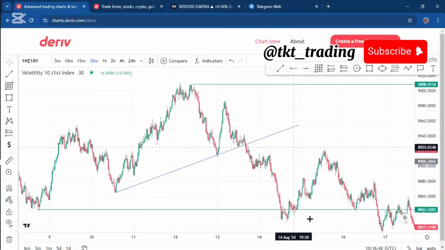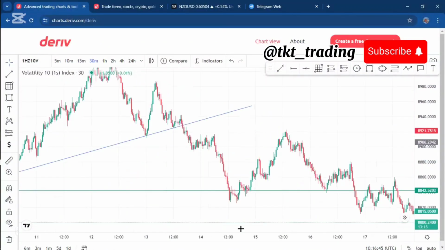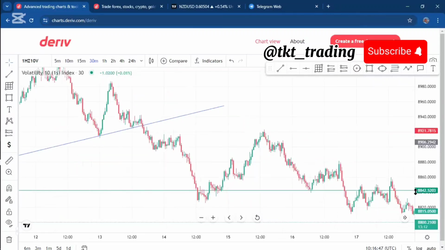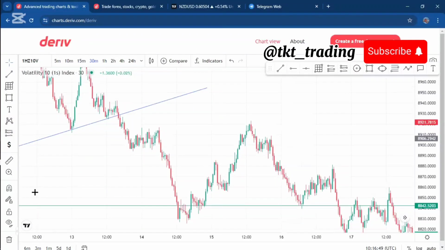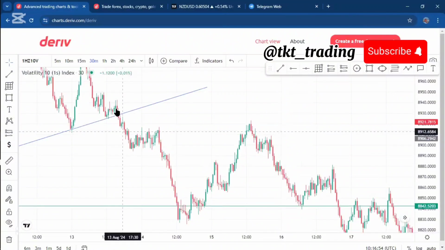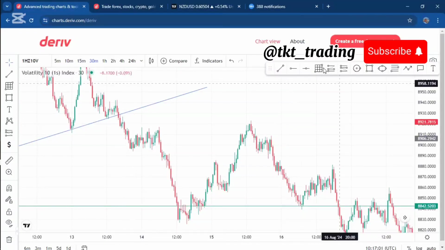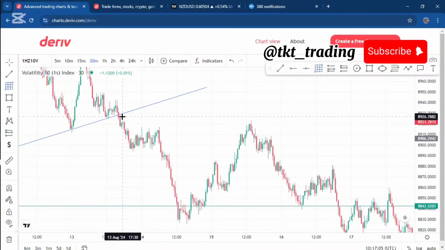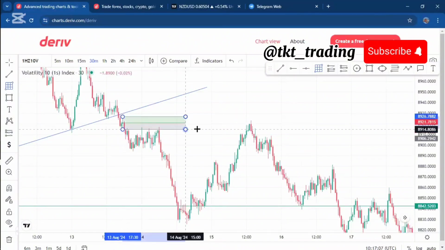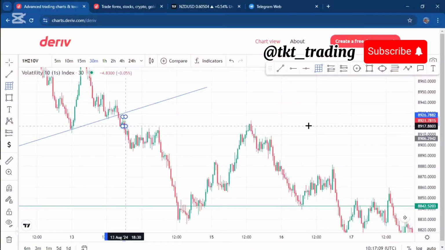So what do we have next here? Now I want to be looking for the point of interest, the valid POI that is below this trend as usual. So we have this supply zone here. We take out our tool and then mark it, these 2 candles, because on the 1 hour time frame this is just 1 candle.